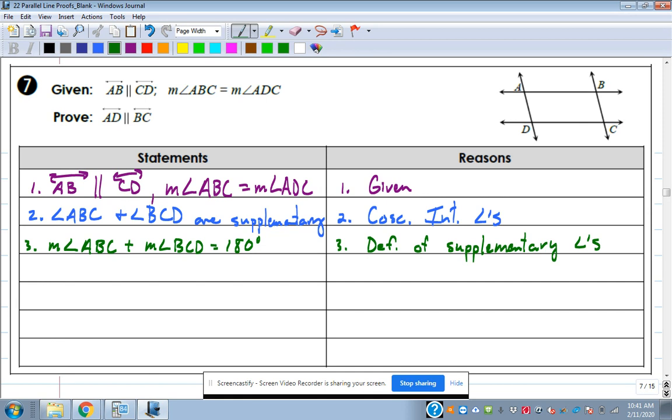What an ADC and ABC are congruent, are equal to each other, right? So what could I do in the statement 3 that I have here that would get me 2 different angles to add to be 180? I could substitute for what? ABC, I could substitute in the measure of angle ADC plus the measure of angle BCD equals 180.